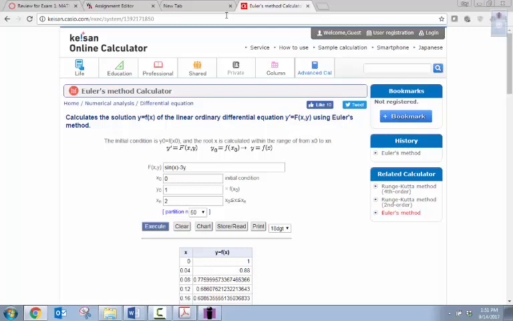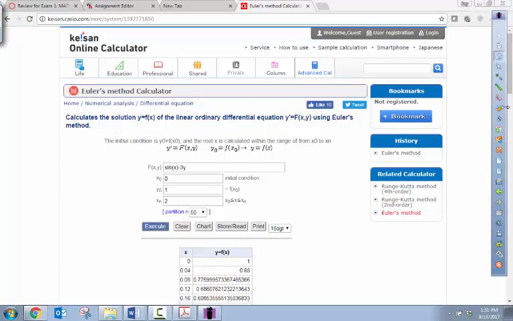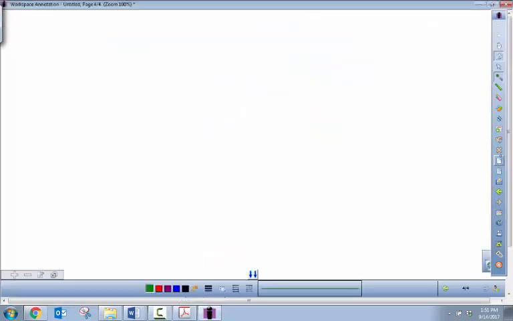Okay, let me sketch it. All right, so the issue here. Did I ever show you guys how it works graphically? I think the big issue here is that we're starting off at this point, and the slope at this point is very steep negative.